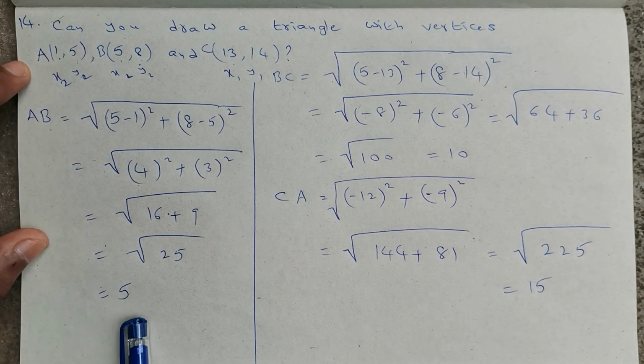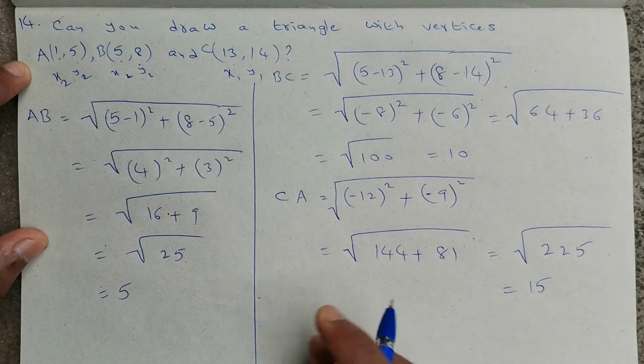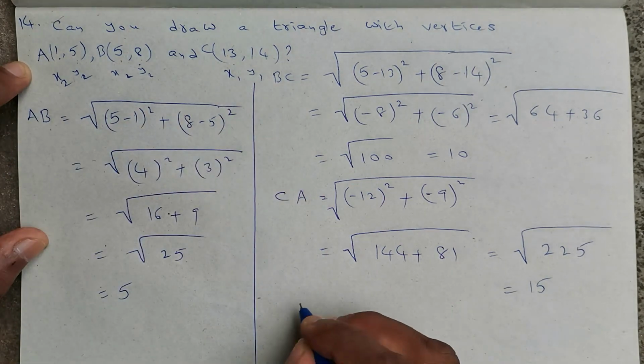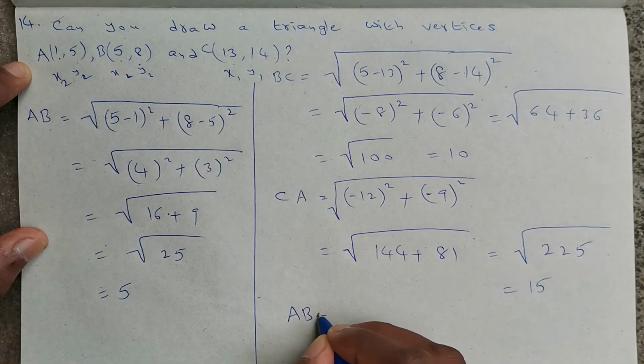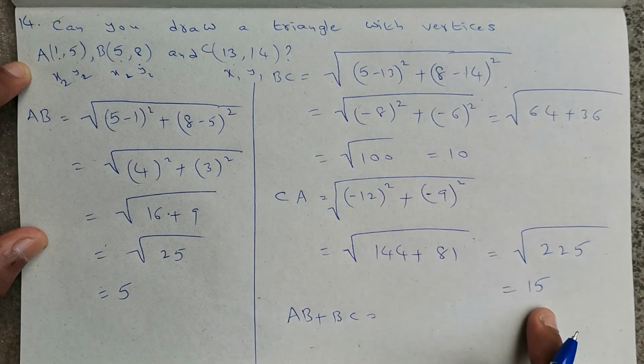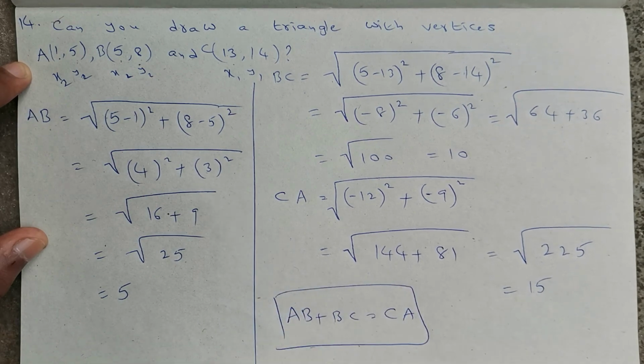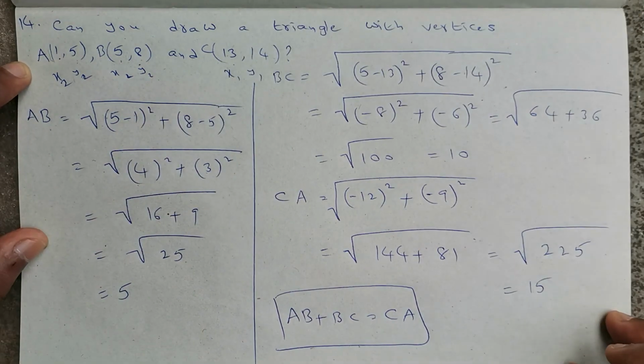Here AB value is 5, BC is 10, CA is 15. So AB plus BC, that is 5 plus 10, is equal to 15, which is nothing but CA. The sum of the two sides is equal to the third one.